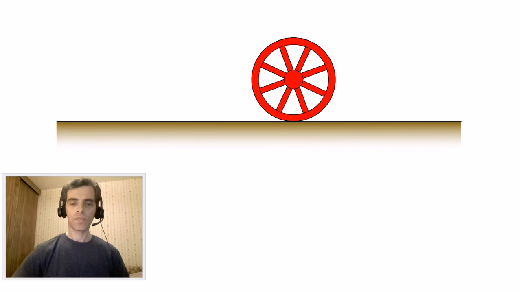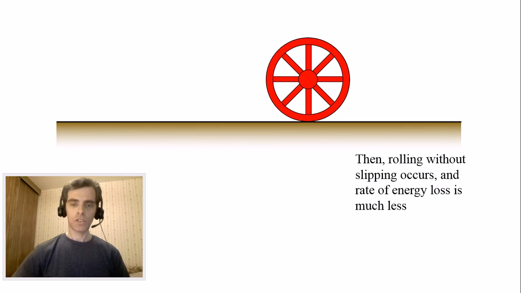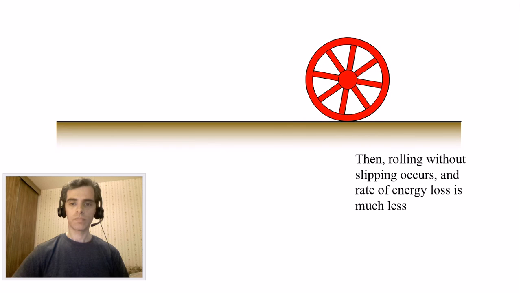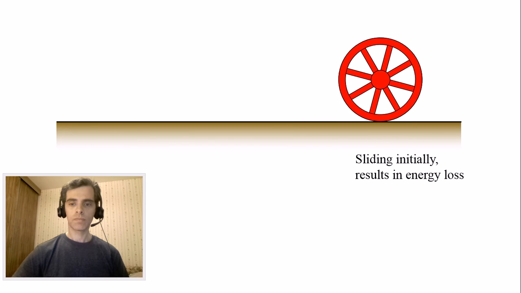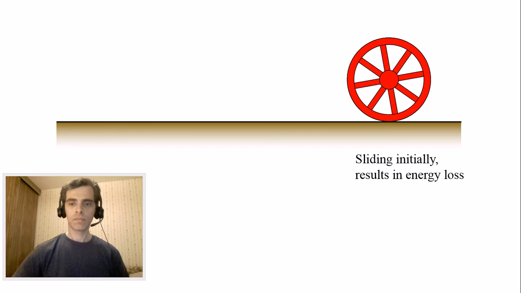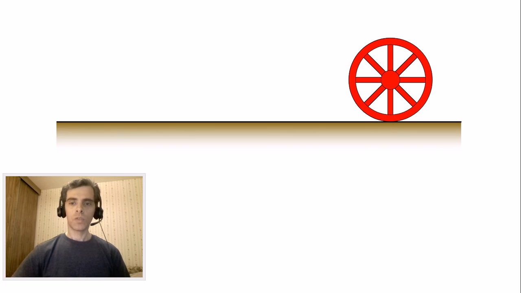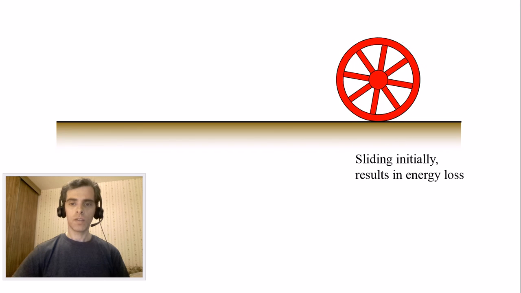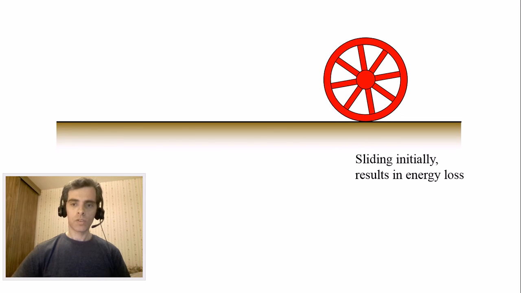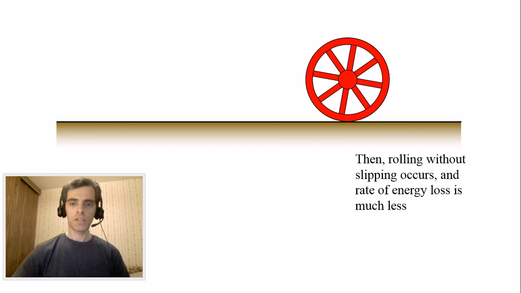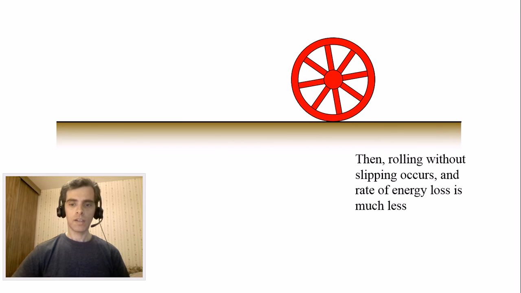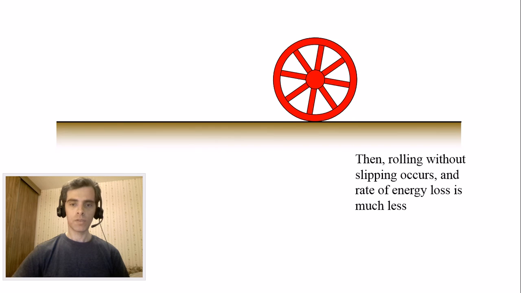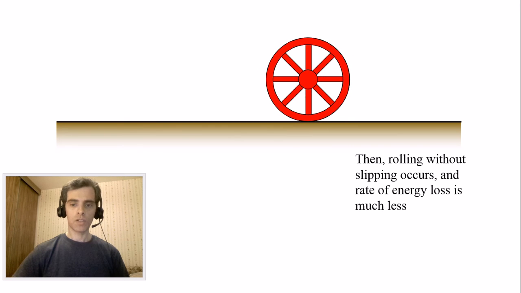Let me go back. So let's show that again. The flywheel comes off the steam engine, starts sliding, and then rolls, increases in speed until rolling without slipping occurs, at that point, it just keeps rolling for another 3 kilometers.